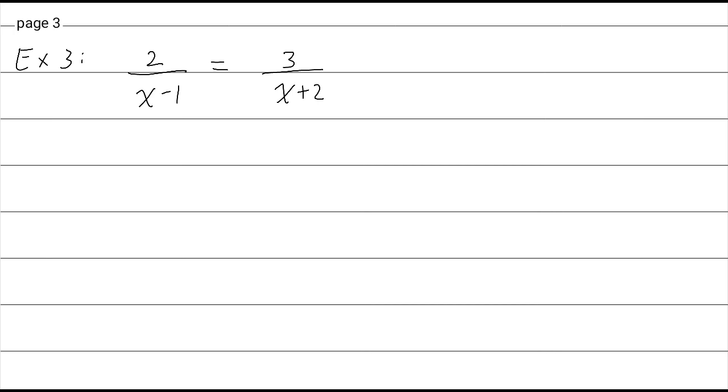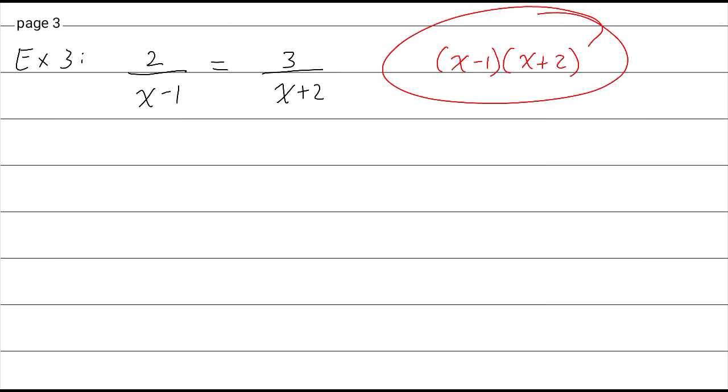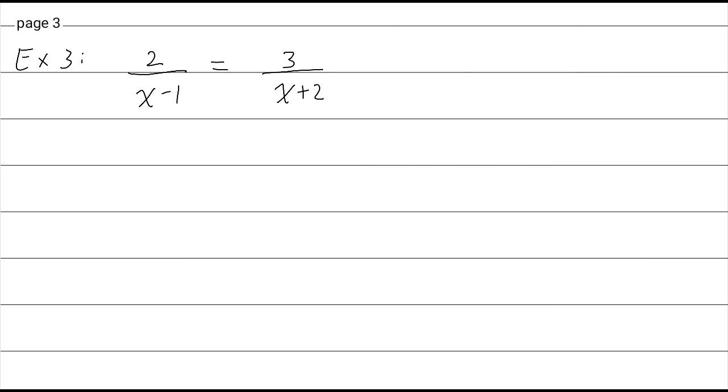Right here is x minus 1. So I want to make sure that I account for x minus 1. Right here is x plus 2. I want to make sure I account for x plus 2. So this right here is my common denominator. So 2 over x minus 1 times x minus 1, x plus 2. Okay, I just put the two denominators together.